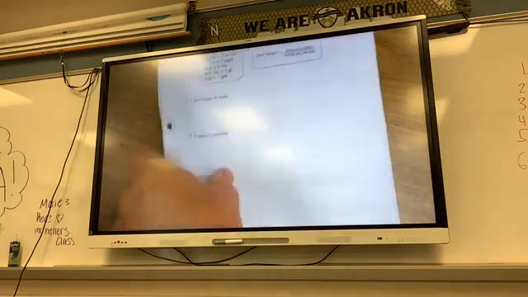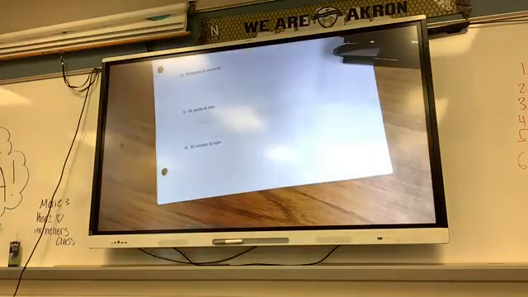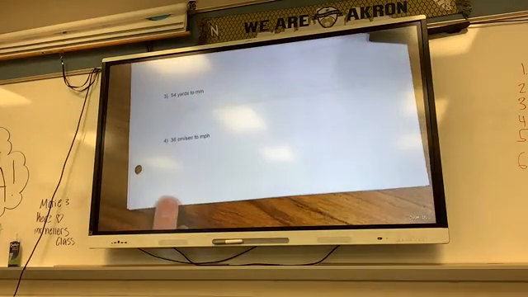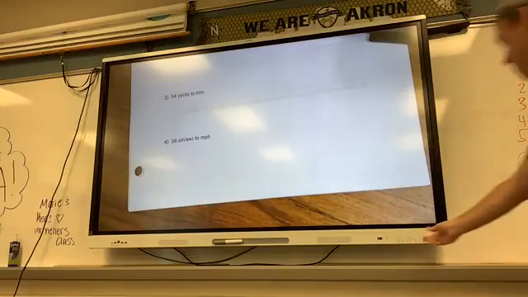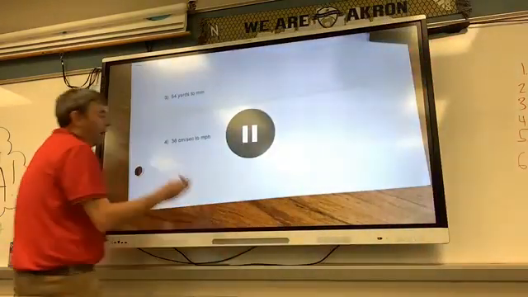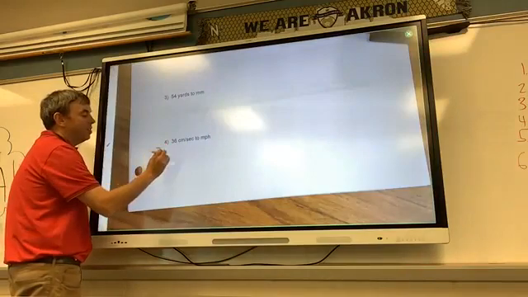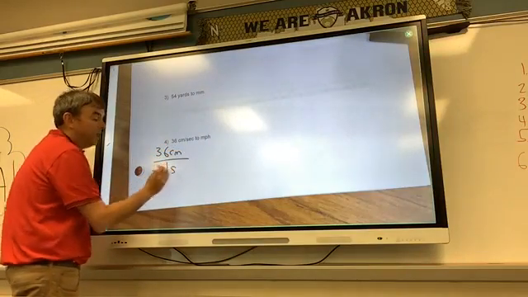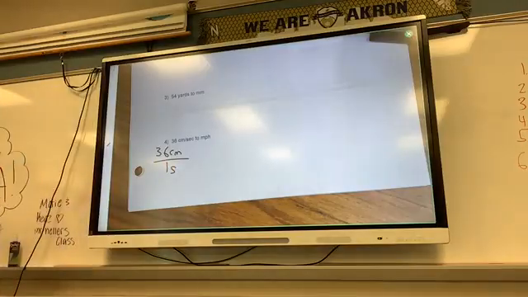Number 4 says 36 centimeters per second, to miles per hour. This is kind of how we wrapped up yesterday. So I would write this like this: 36 centimeters per 1 second. That's my start. So let's get our centimeters to miles first.